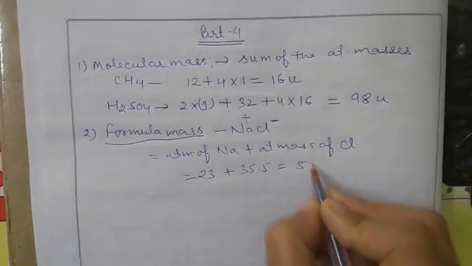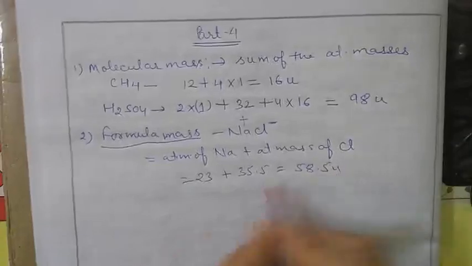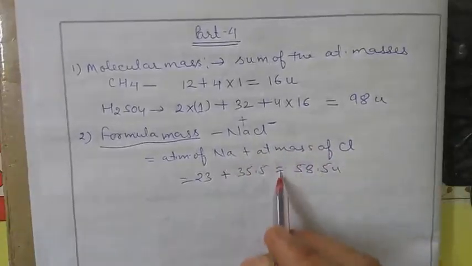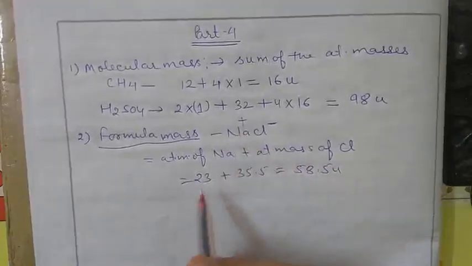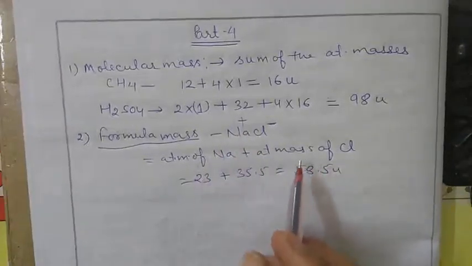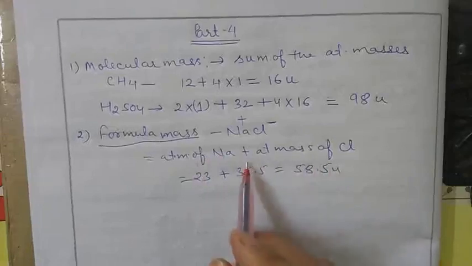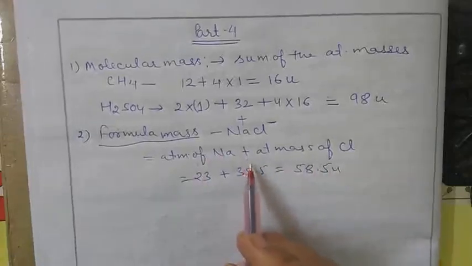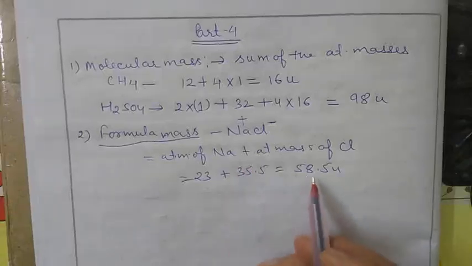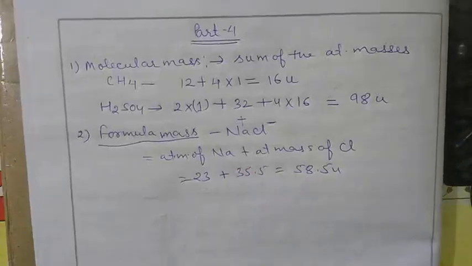So it is nearly equal to 58.5 U. So in this way you can easily calculate the formula mass. By using the formula, you can easily calculate the formula mass of any compound. Clear? So this is called the formula mass and this is the way to calculate it.